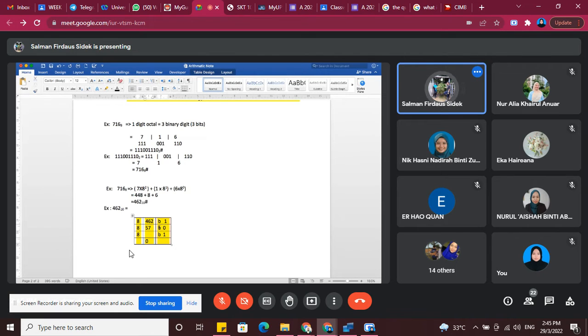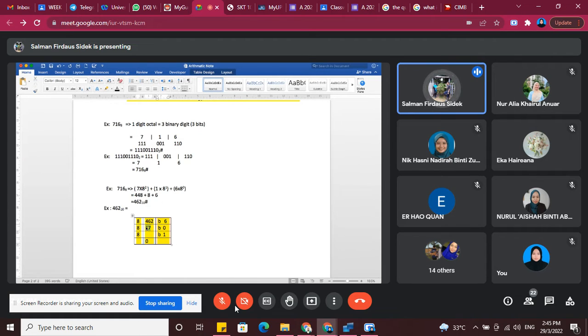Multiply back: 57 times 8 is 456. 462 minus 456 is 6.